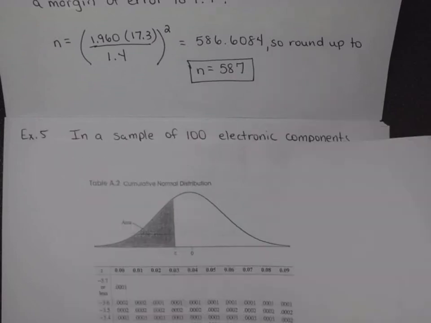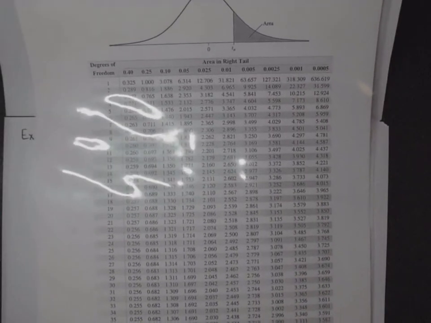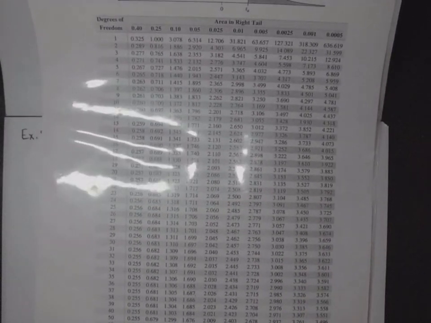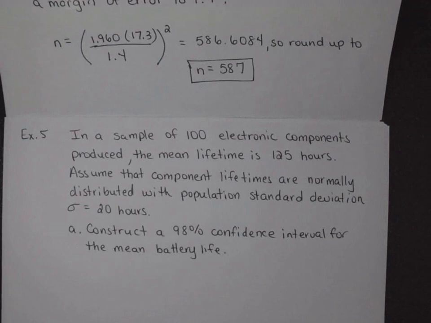And notice that's exactly what we get here. It's just this is a little more accurate. On the bottom row here, notice it's 2.326, which would round to 2.33. So use table 8.3 if your value is listed. If it's not, you just use table 8.2.